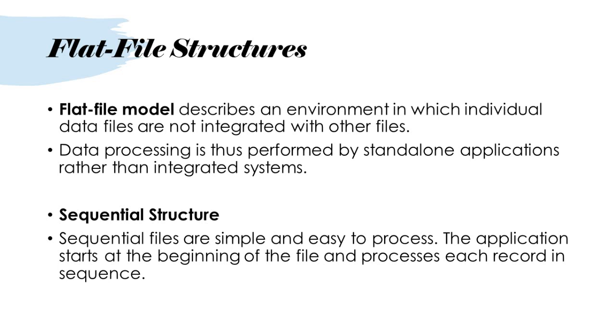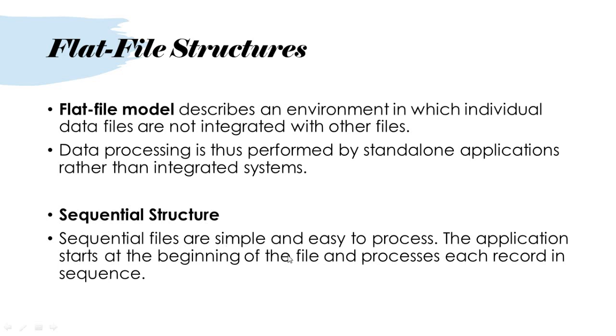The flat file model describes an environment in which individual data files are not integrated with other files. Data processing is thus performed by standalone applications rather than an integrated system. The flat file structure may be a sequential structure or a random structure. Sequential files are simple and easy to process.